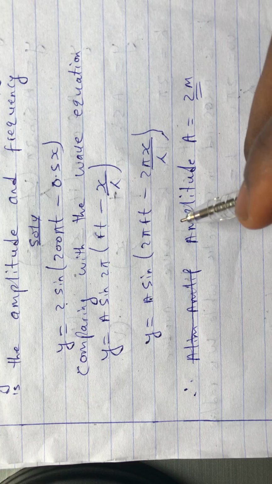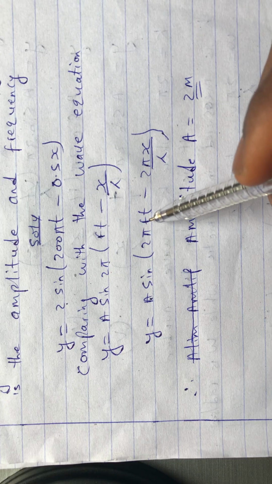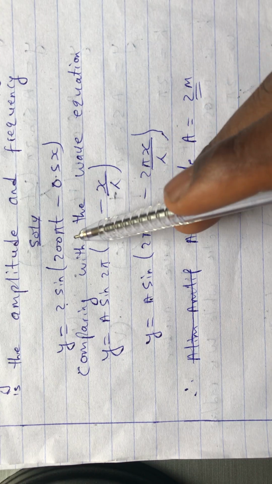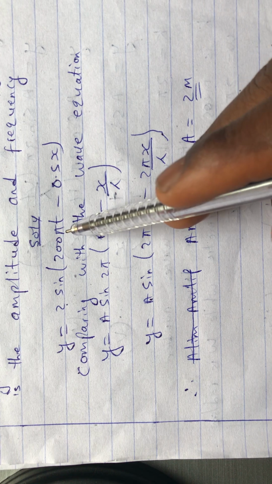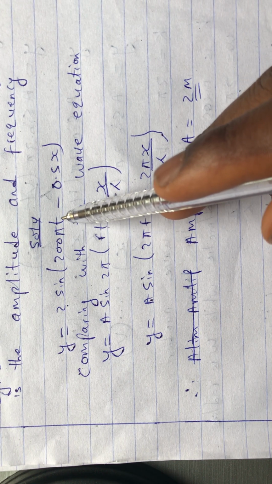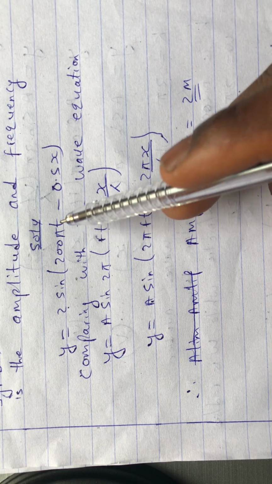Now, the second one, they say we should find our frequency. This is where our f is. If you trace it back to this one, you can see we have 200 pi t. That means our frequency is inside this 200 here.